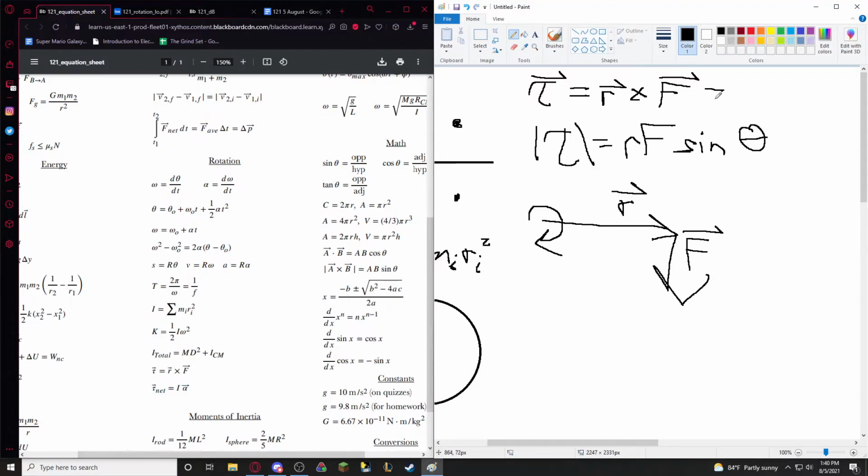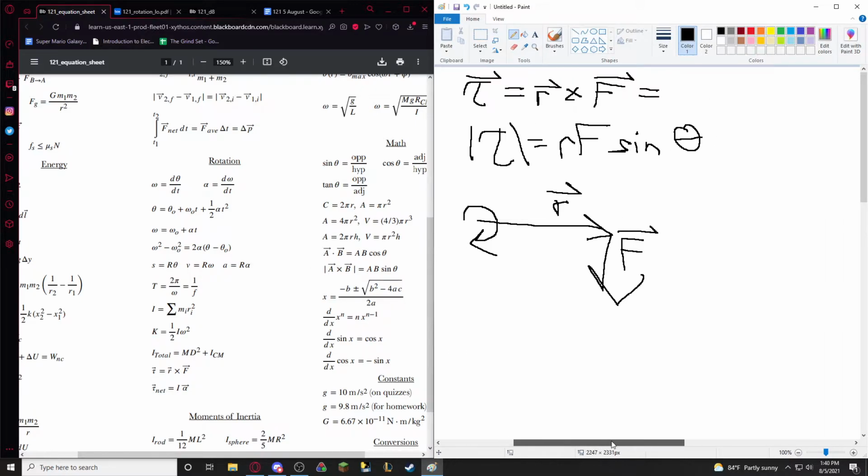So we have the torque, and we're talking about our net torque here, obviously if we have multiple torques acting on something. Because torque is essentially a rotational force, it is equal to our moment of inertia, which is essentially our equivalent of a rotational mass. It's how much something resists rotation, times the angular acceleration, the rotational equivalent of acceleration.